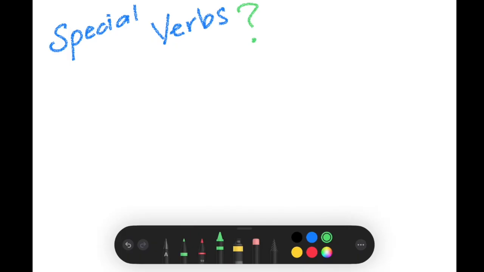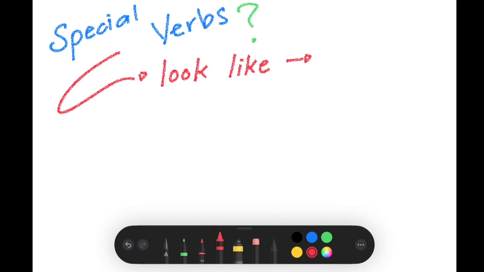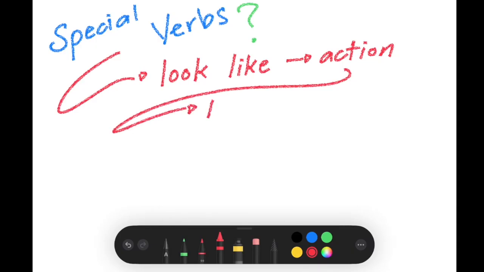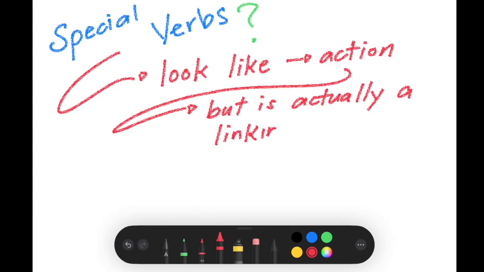They are verbs that look like an action, but actually do the job of a linking verb. They look like an action, but are actually a linking verb or a state of being.